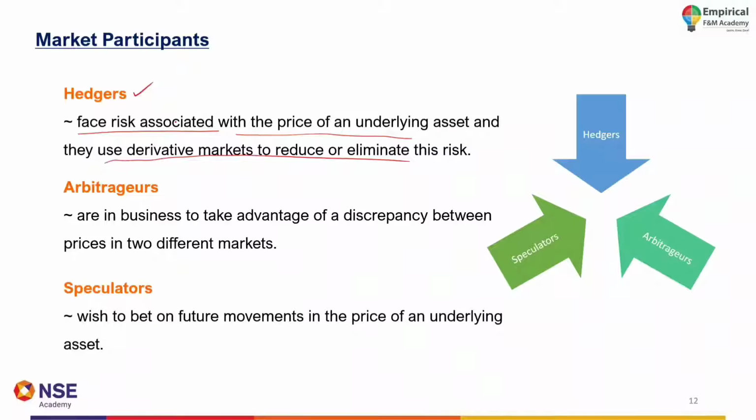Simultaneous transaction, that's called arbitrage. Similarly, I have a commodity spot market and a commodity derivatives market. Whenever there is a big difference between the two markets, buy and sell simultaneously. And this is what arbitrage is.